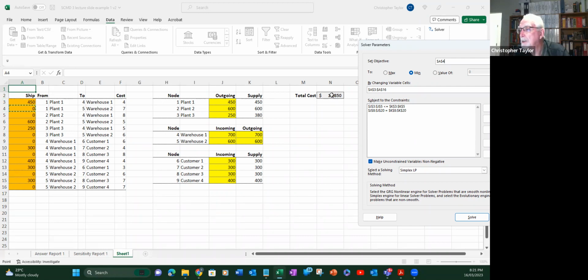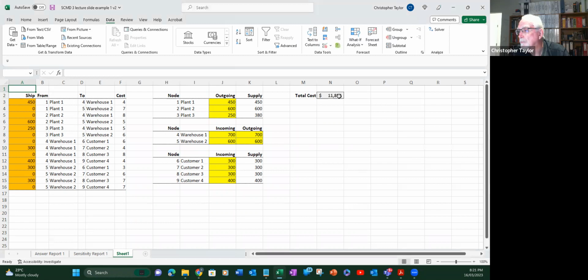And this is the sum product of A3 to A16 and F3 to F16. So what this function is doing is multiplying that by that to give us that.